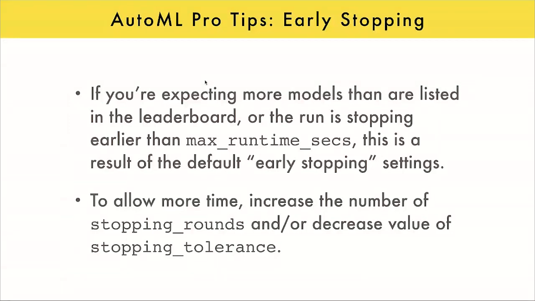But essentially, if you think it's stopping too early, it's too eagerly stopping, then you can increase the number of stopping rounds and or decrease the value of stopping tolerance. Those are two things to use. And that probably doesn't make sense if you've never seen this before, so just don't worry about that too much.